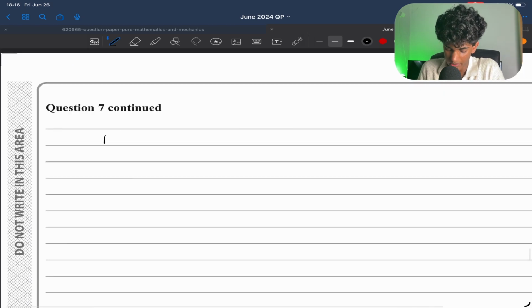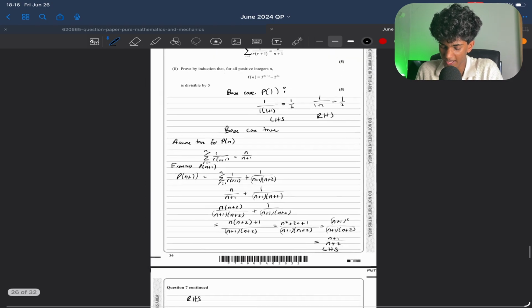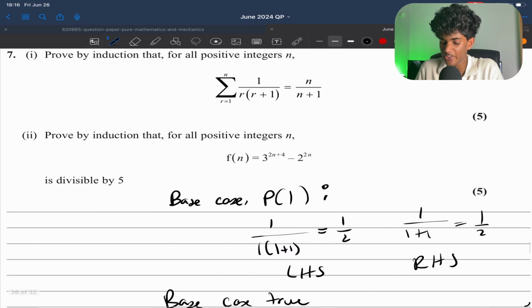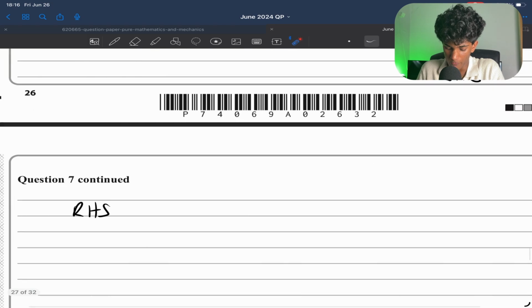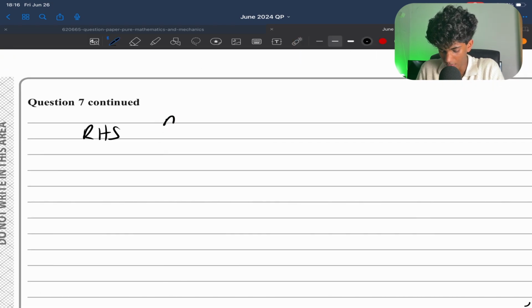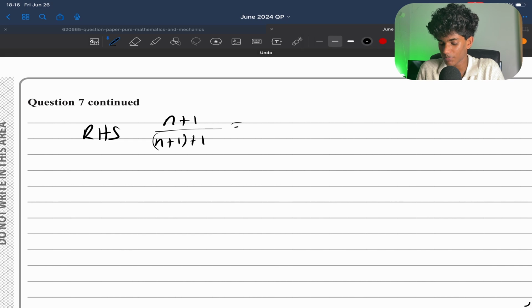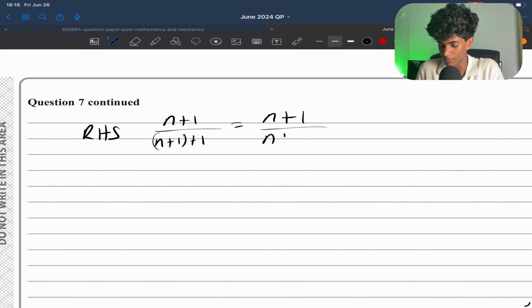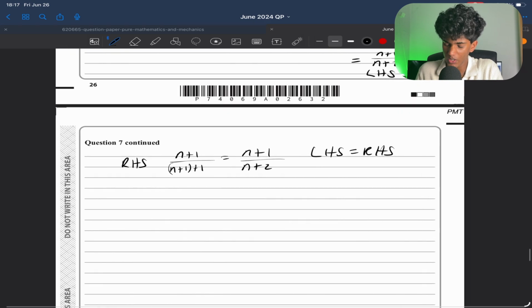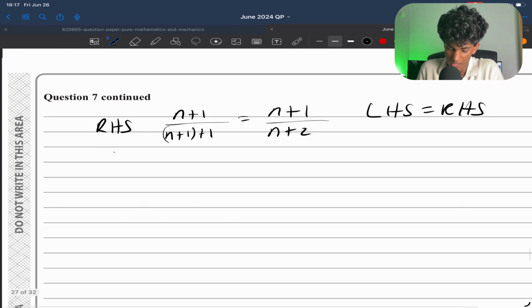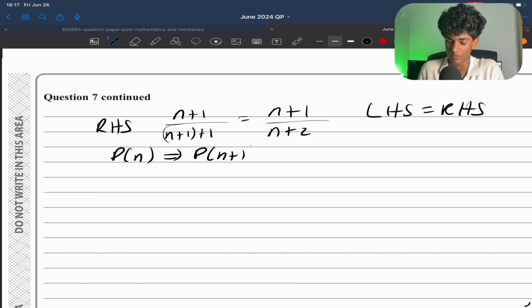Our right-hand side would be, looking back at what we need to prove, if we substitute in n plus 1, we get n plus 1 over n plus 1 plus 1, which is n plus 1 over n plus 2. LHS equals RHS. So what we have proven is that p of n leads to p of n plus 1 being true.